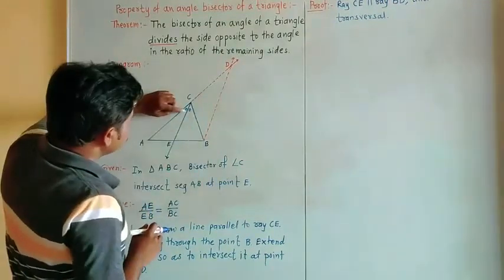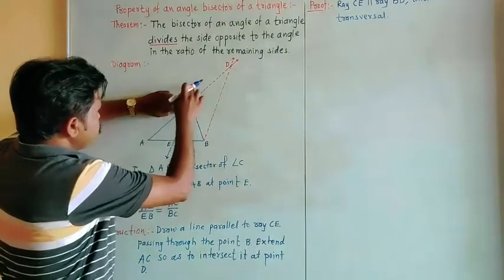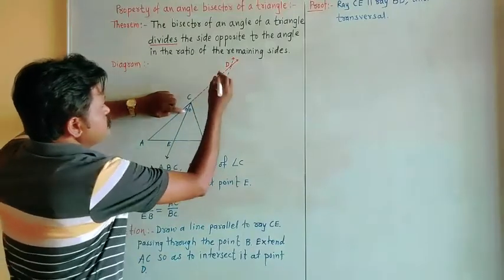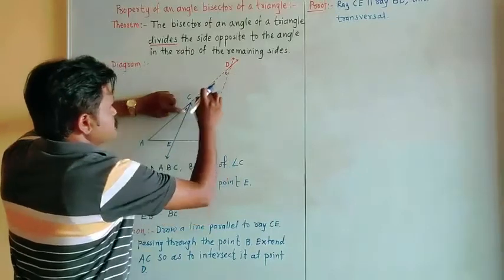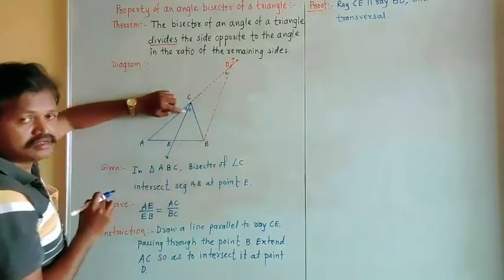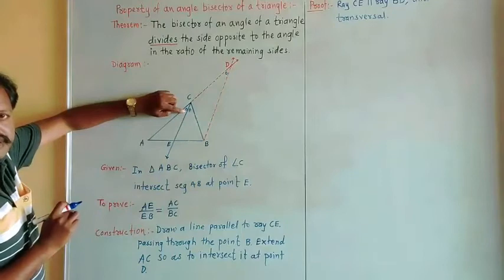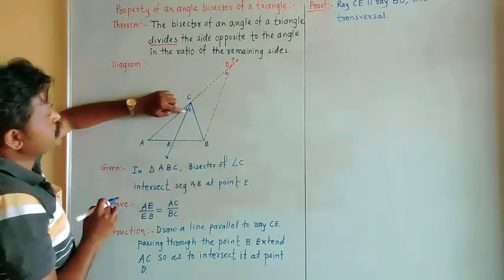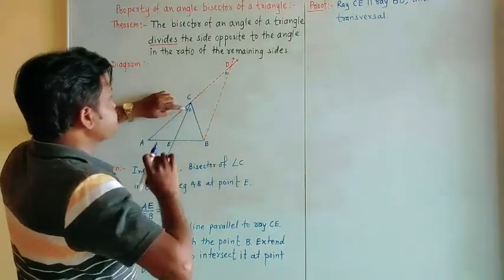So this angle ACE is congruent to this angle. Which type of angles are these? Corresponding angles. So we get one pair of congruent angles.